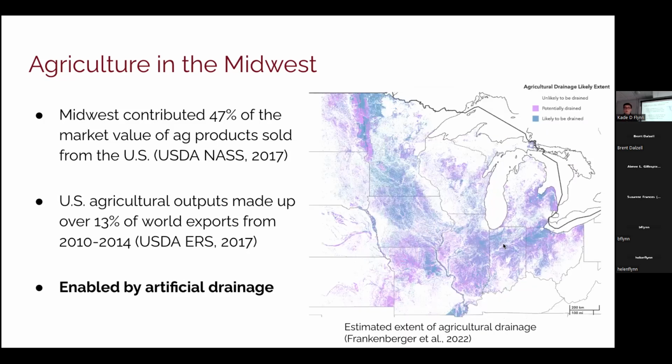Another modification to the landscape is the installation of subsurface tile lines to lower the water table in these agricultural fields in order to support crop production. This map from Frankenberger et al. shows an estimated extent of agricultural drainage within the Midwestern states. And so you can see this is prevalent throughout the region.